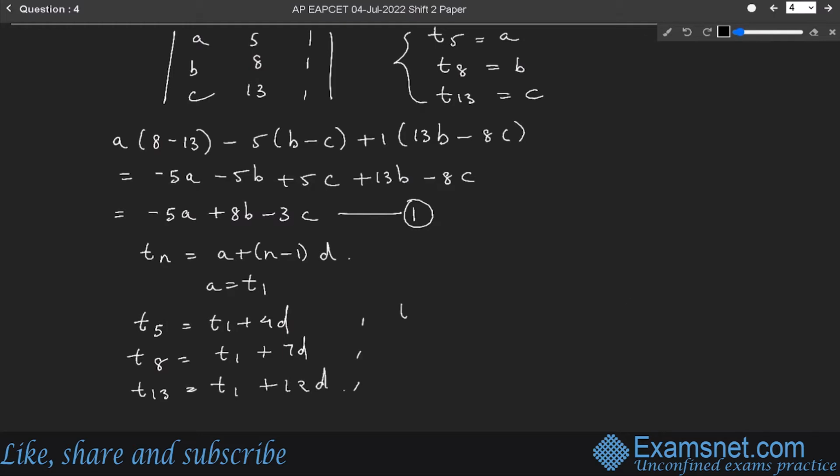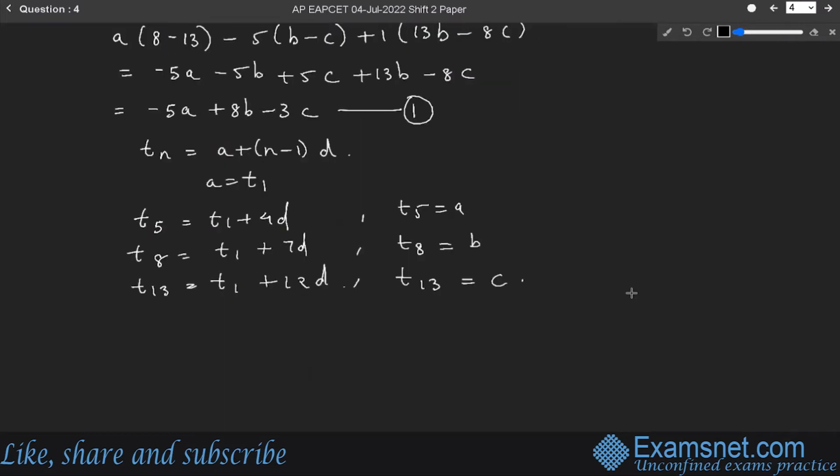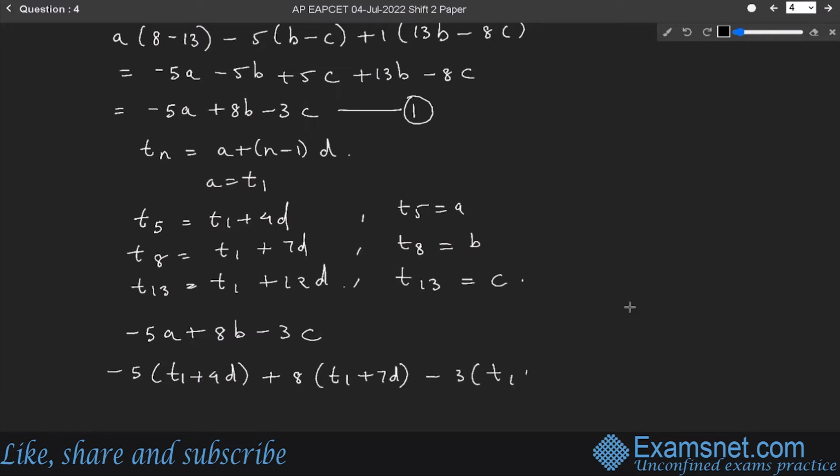Also, it is given that T5 is equal to A, T8 is equal to B, and T13 is equal to C. So substituting these values in equation 1, which is minus 5A plus 8B minus 3C, we will get minus 5 into (T1 plus 4D) plus 8 into (T1 plus 7D) minus 3 into (T1 plus 12D).